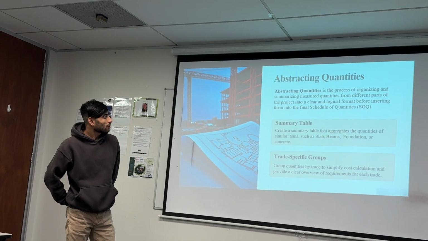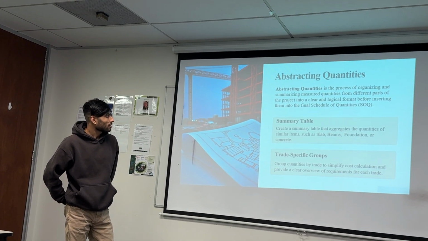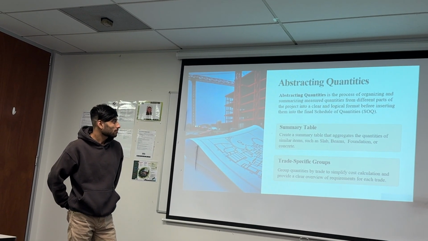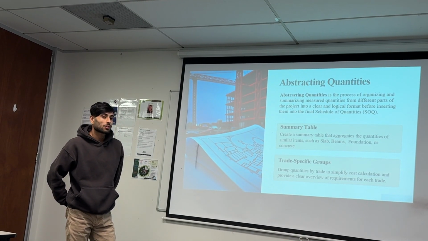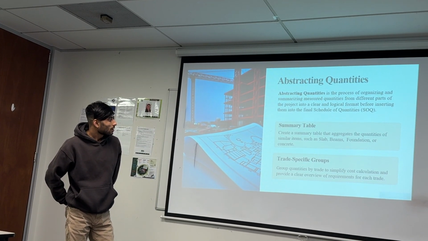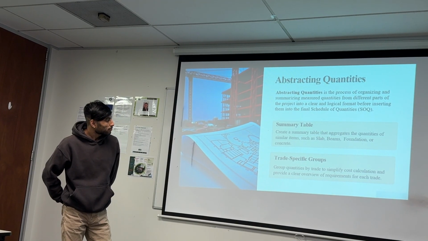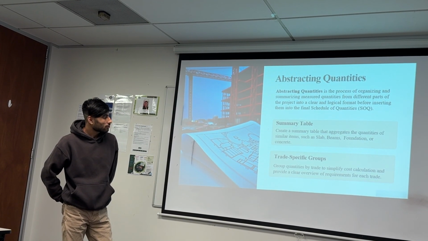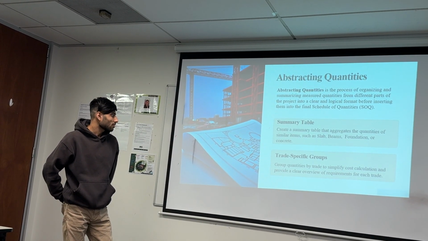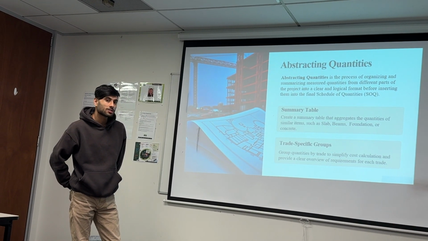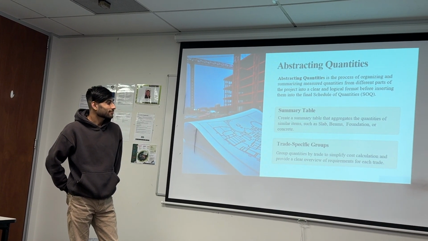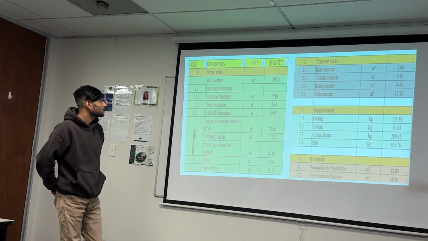We need to create an Excel sheet that aggregates the quantities of items such as slab, beam, and foundation of the concrete. Trade specific: group quantities by the trade to simplify the cost calculation and provide a clear overview of the requirements of each trade. This is the example of that one.